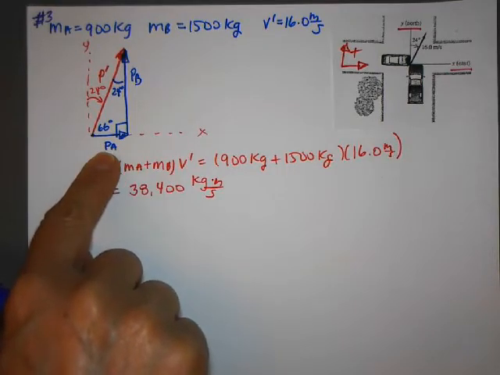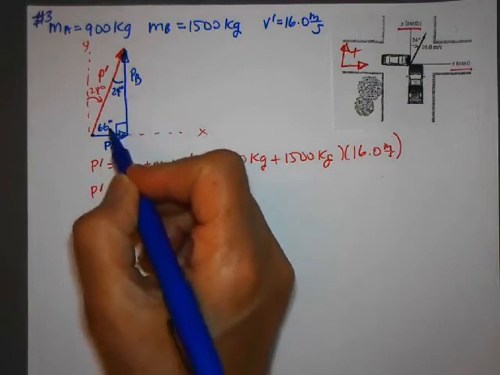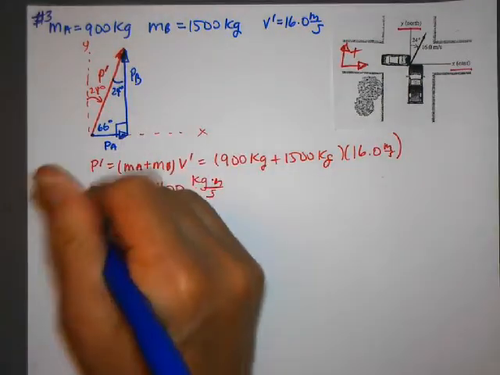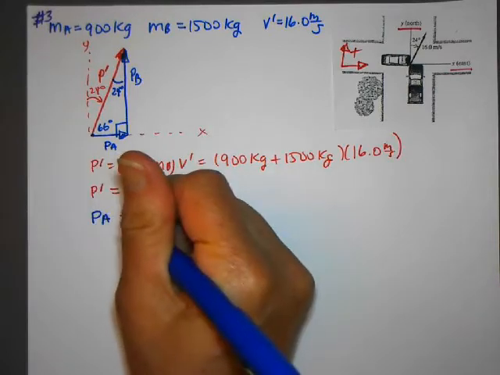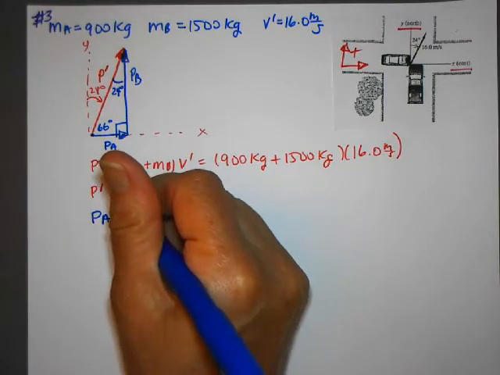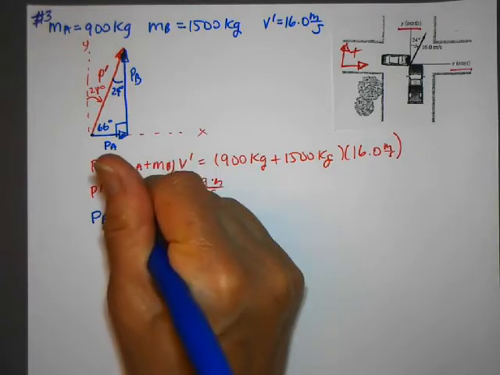I know that PA is opposite the 24 degree angle. So I can say PA is equal to P prime sine of 24.